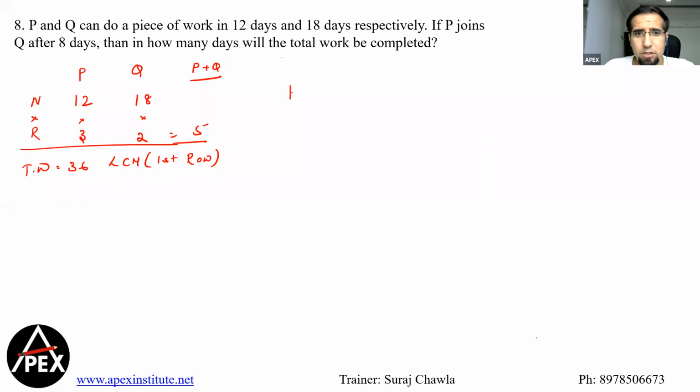The question says that if P joins Q after 8 days, okay, then what happens? Which means P is joining Q after 8 days. So can I say P entered the scene after 8 days? Is this point clear with all of us?